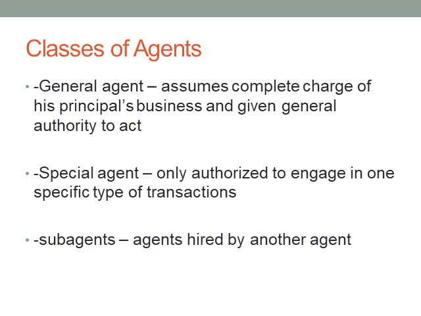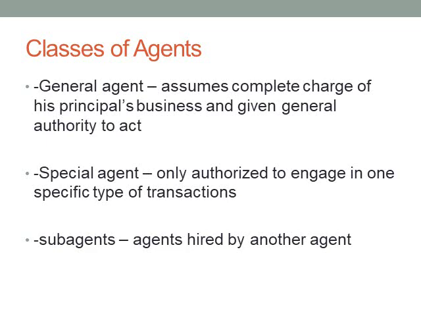And then we have special agents, and I'm not talking about the Secret Service or the CIA. A special agent is one that engages in only one specific type of transaction for the principal, and it limits the scope of their authority. So my real estate broker, my lawyer example, or an accountant example, maybe you're just hired to do the taxes for that particular person.